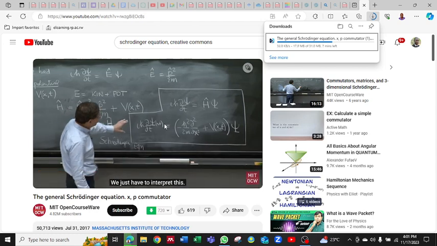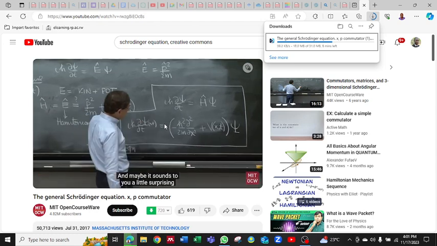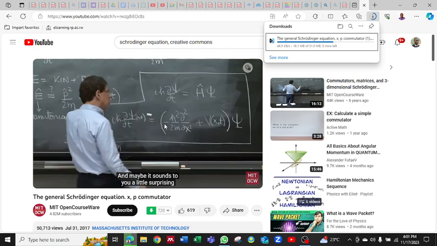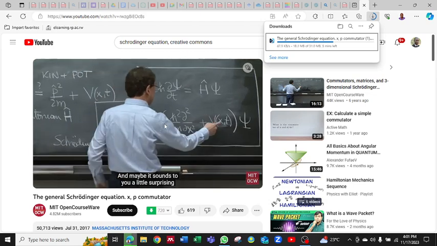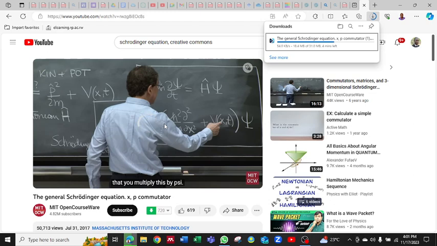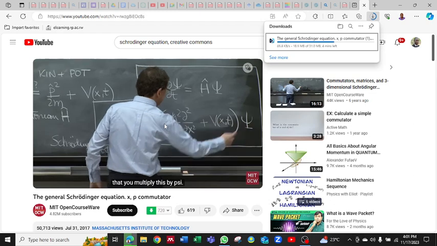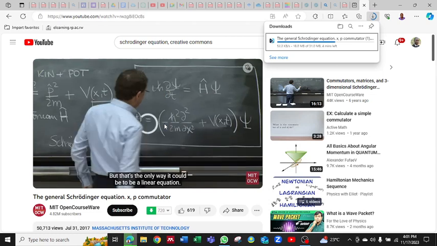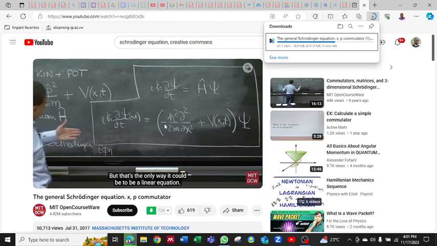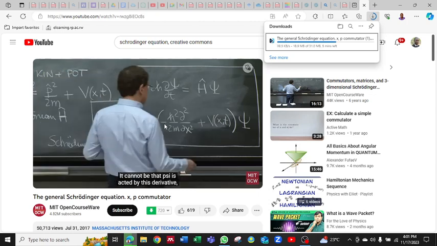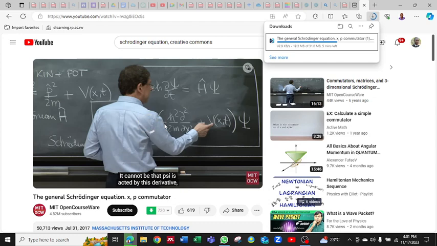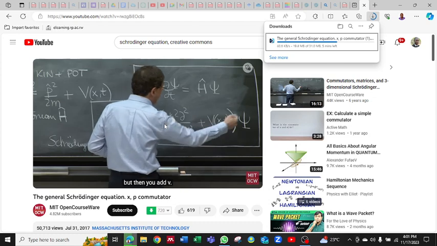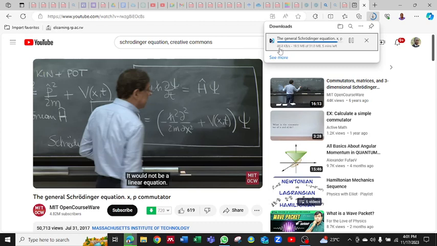We just have to interpret this, and maybe it sounds to you a little surprising that you multiply this by psi, but that's the only way it could be to be a linear equation. It cannot be that psi is acted by this derivative, but then you add V. It would not be a linear equation.